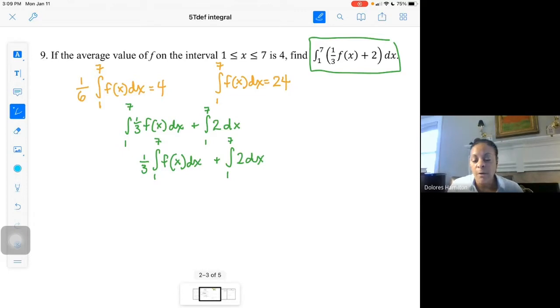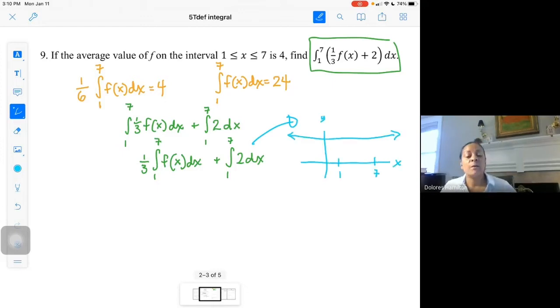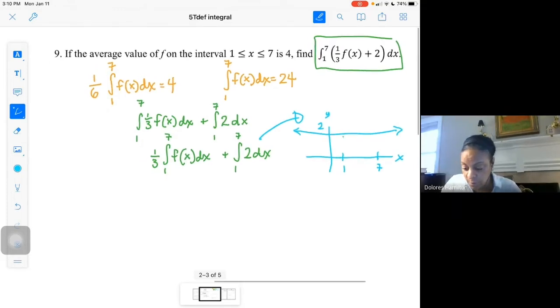Now, I'm going to focus on that second integral. And I'm going to think geometrically about this. That's the definite integral from 1 to 7 of the function 2. Let's think about what that looks like on a graph. So we're pretty much looking for the area under the curve from 1 to 7 of 2.